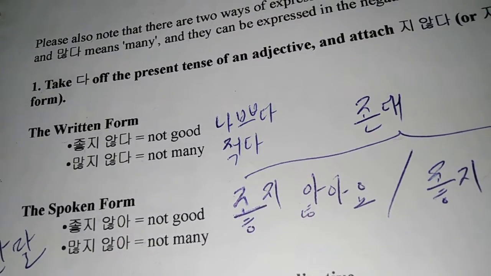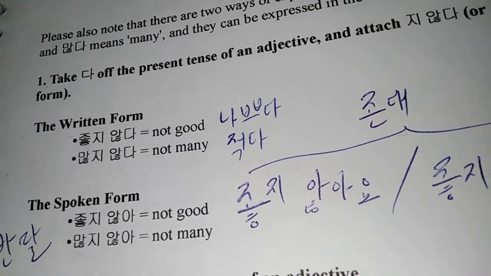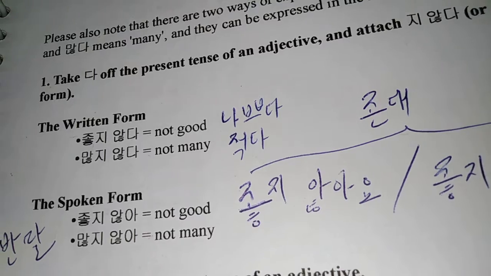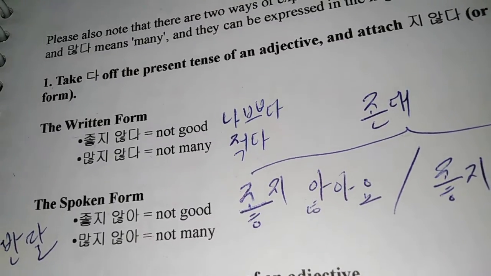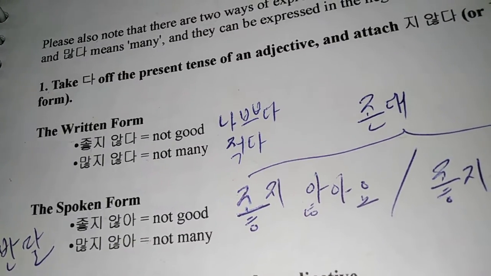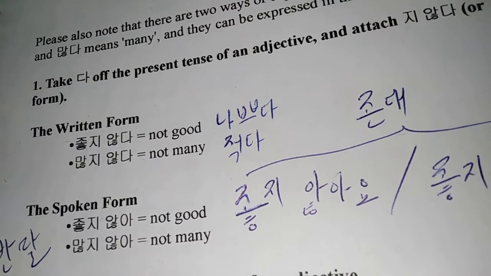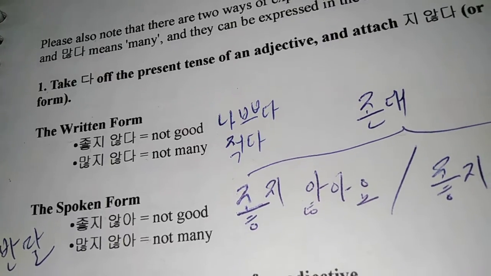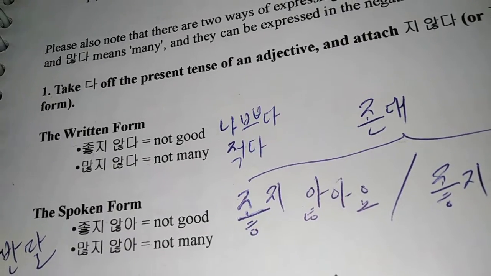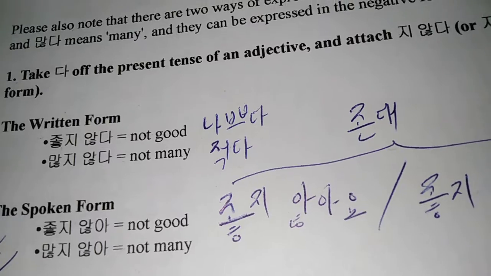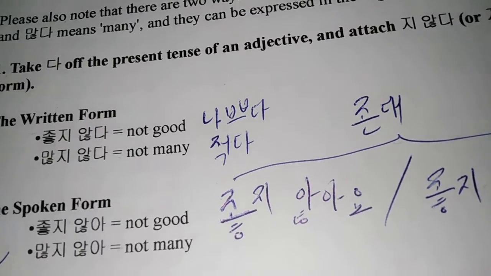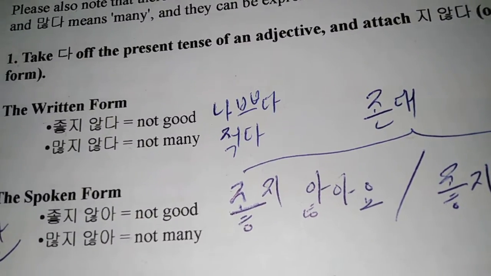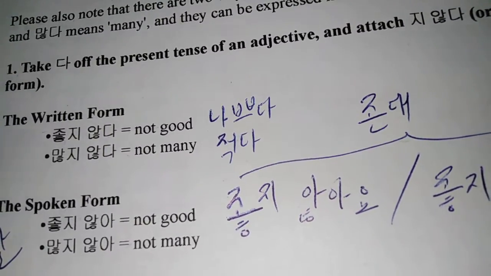One is adding the negative at the end of the adjective, whatever you're planning to say or write, or adding something else to the beginning of the adjective, whatever you're handling.